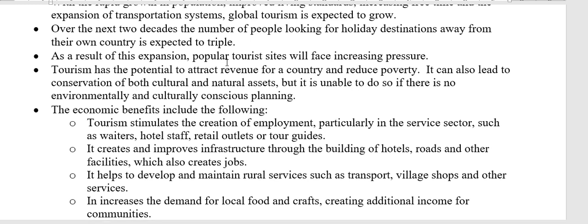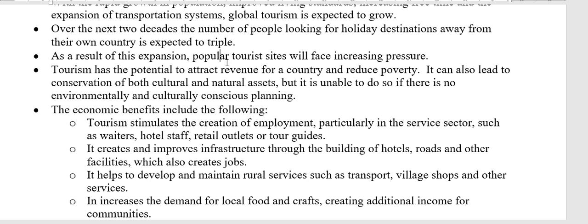Okay. Now we know tourism attracts revenue, reduces poverty, can create jobs, and can lead to the conservation of our cultural and natural assets, because we preserve them since they bring the tourists. But if we don't plan this properly, it can actually mean that we lose our cultural diversity and become too westernized.